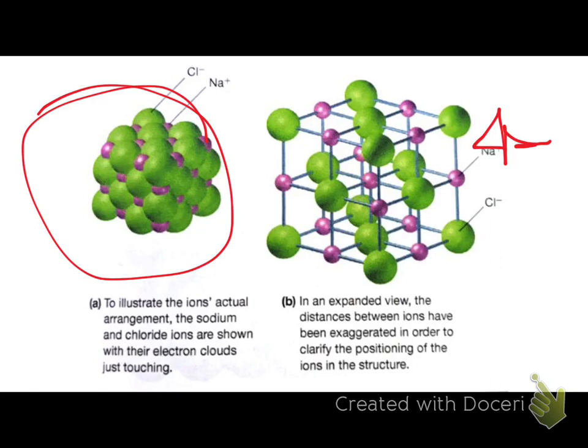Notice here on the corner, this sodium ion is attracted to this chlorine and this chlorine and this chlorine and this chlorine, and an imaginary chlorine in front of it that we can't see. So we have to take into account all of those attraction forces, and it's also being repelled by this sodium and this sodium and this sodium and this sodium and this sodium back here. All those different attraction and repulsion forces wind up causing this three-dimensional structure.